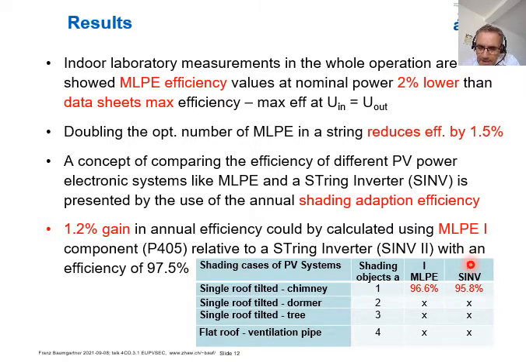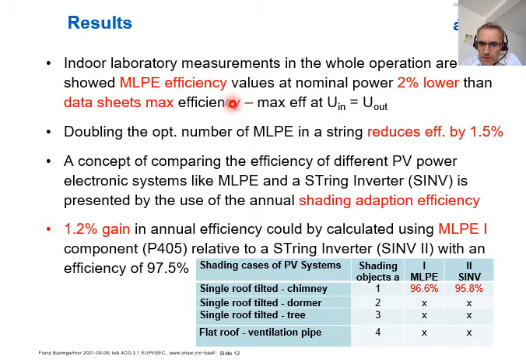So at the end, for the annual efficiency, the difference is only in the range of 1 or 2 or 3%. But we will see on the next slide that it is related to the costs and prices for the power electronics, even if that is only 1%.